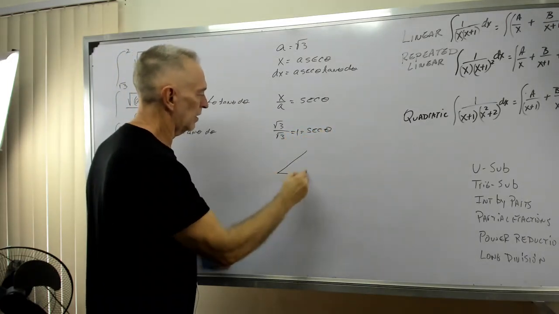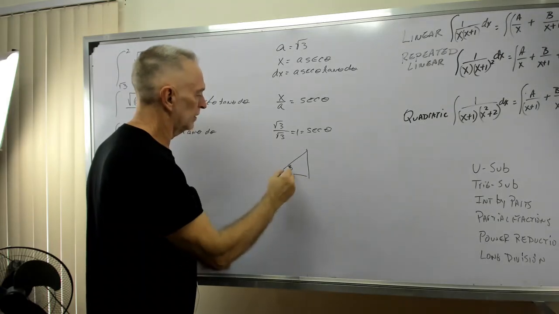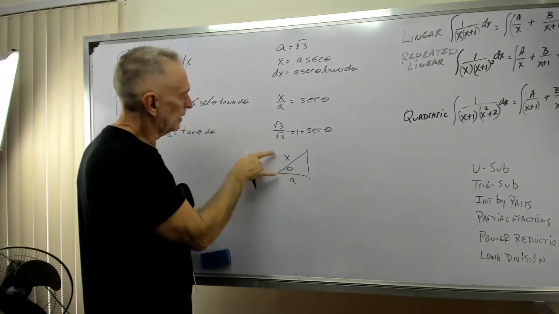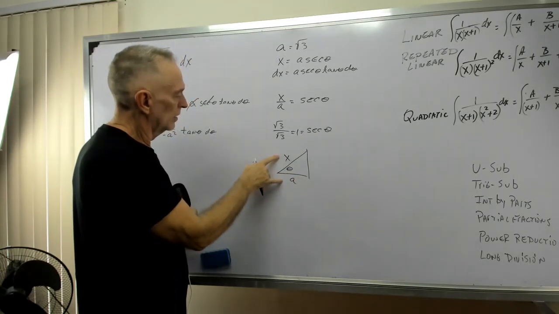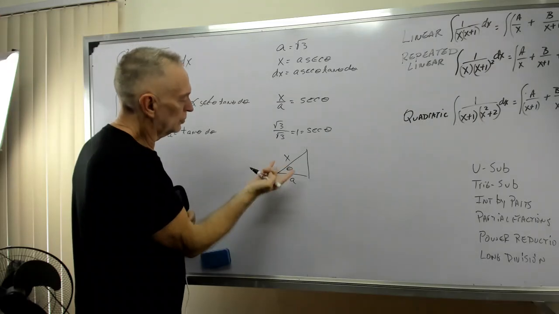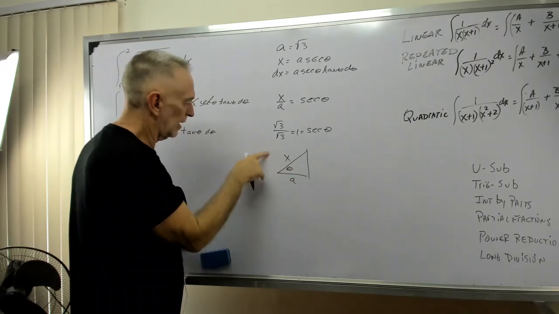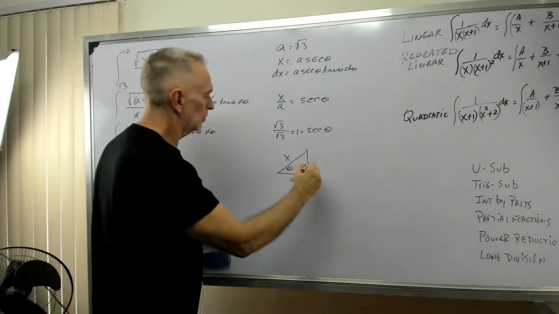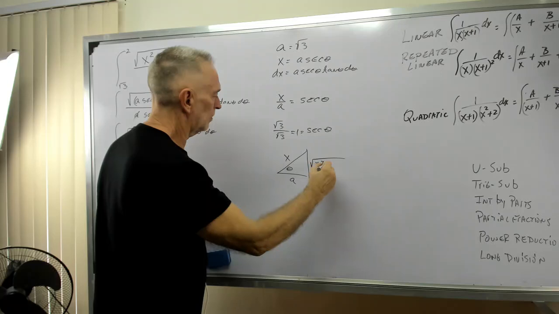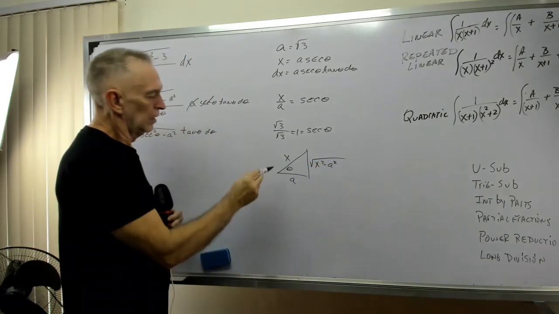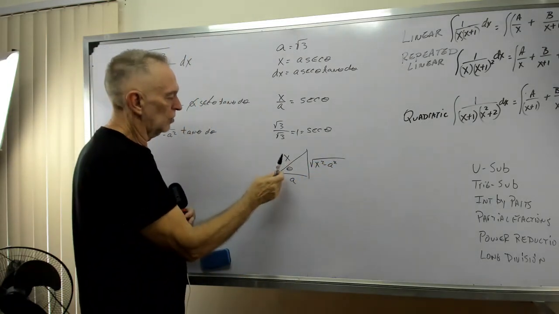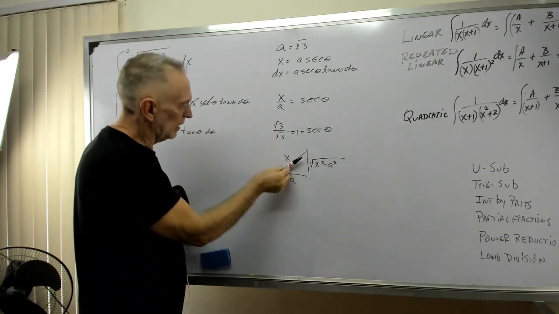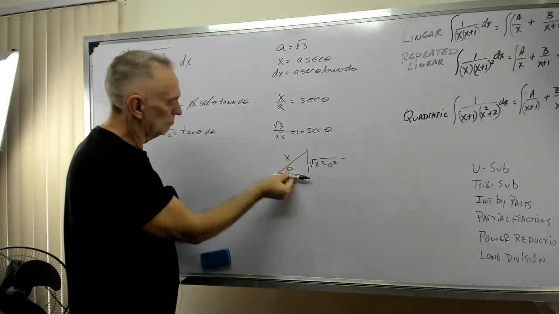So if I have a triangle here, that's theta, and x over a was secant theta. Cosine would be x over the hypotenuse, but it's the opposite, secant. So what does that mean here? I have x squared minus a squared is that side. So if x equals a, that means that angle is 0.